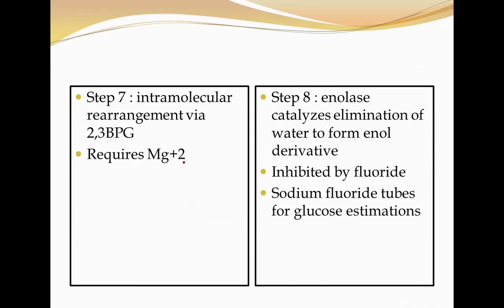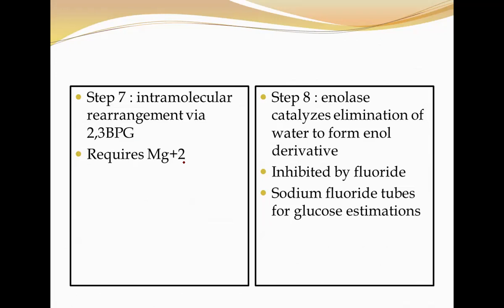What is its significance? But for now, remember that the 2,3-BPG molecule formed here is a very transient molecule. It exists only for a temporary moment and immediately gets rearranged into 2-phosphoglycerate.